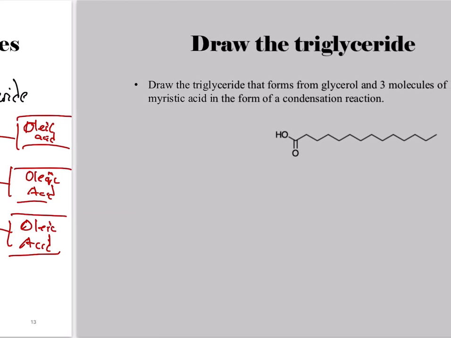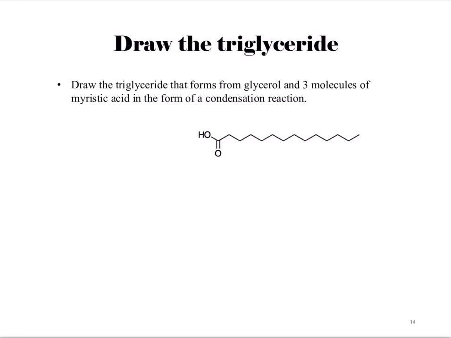Okay. All right, so here we have an example of myristic acid. So if we have 3 of these, draw the triglyceride that forms between this and what would be the alcohol backbone for this triglyceride. What is it called? Glycerol, right?